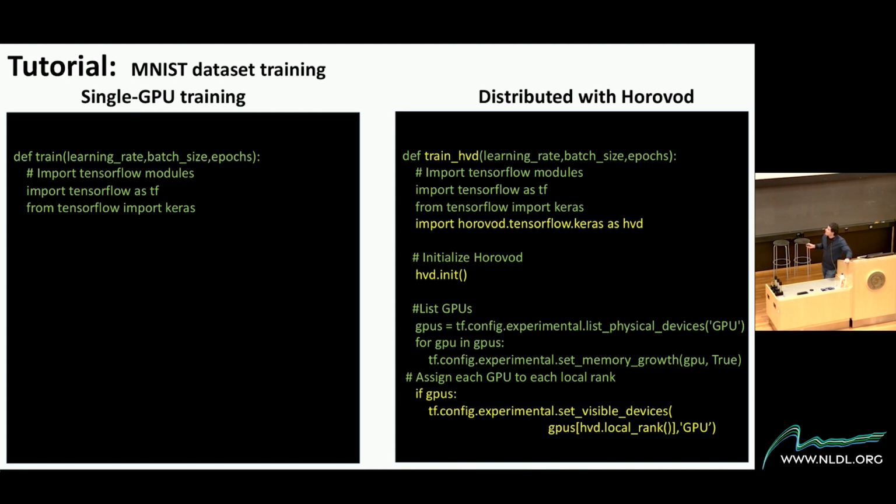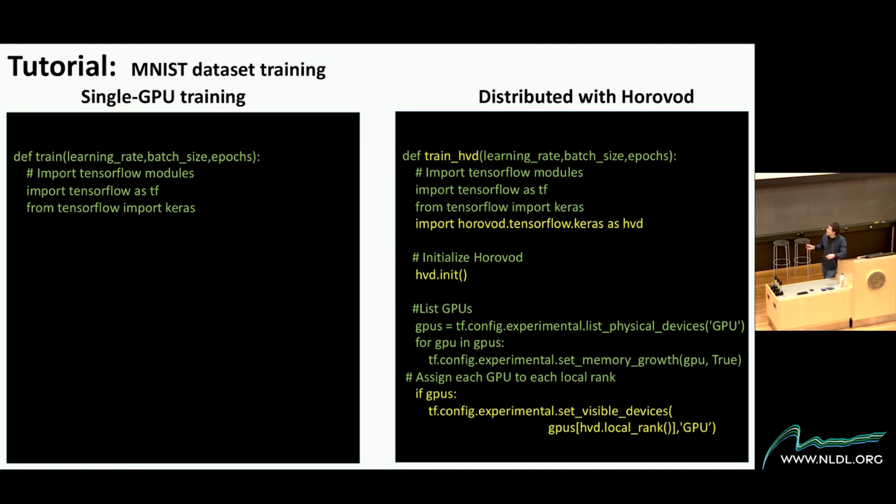This is training some MNIST data set. Initially, after importing all the necessary packages, you initialize Horovod as we mentioned, and you need to assign each GPU to a specific device, as we mentioned previously. So that's the first step.